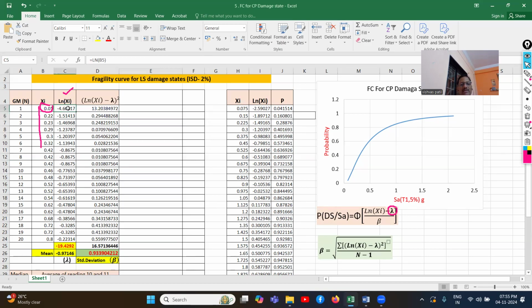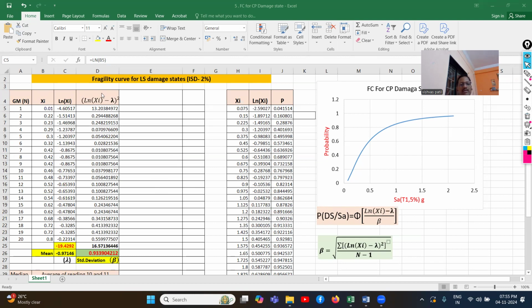These functions are available in Excel when we click it. So this is the natural logarithm, and similarly, in this column, all the values are the natural logarithm of column B.